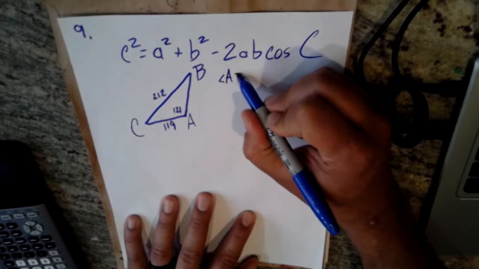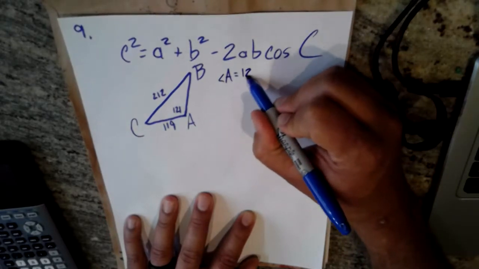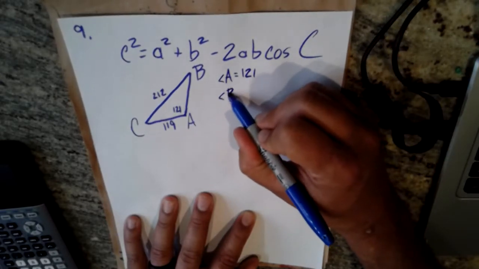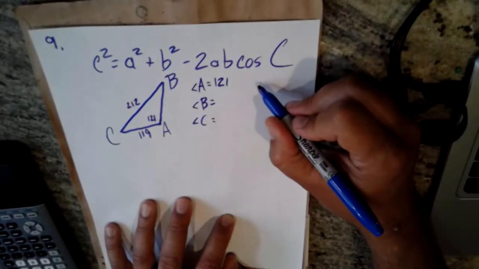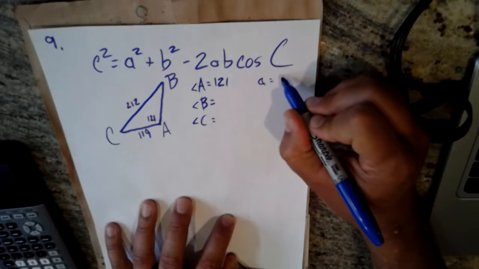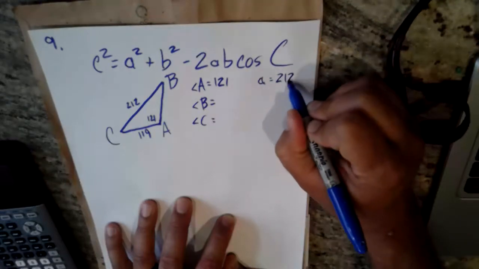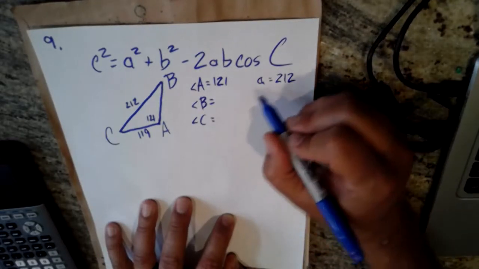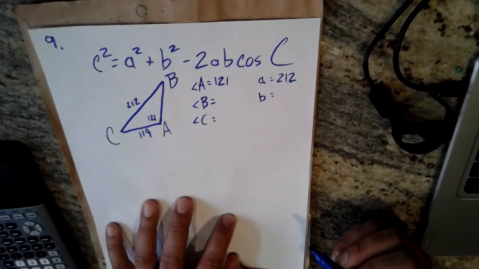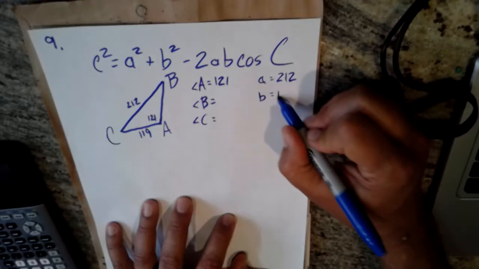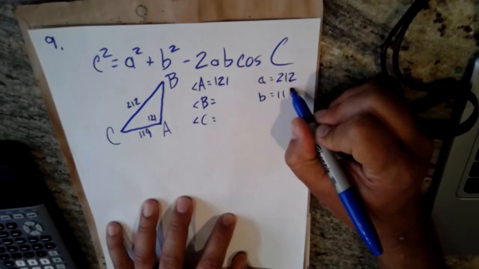Angle A is 121. We don't know angle B. We don't know angle C. Little a is 212 units. Little b is 119 units.